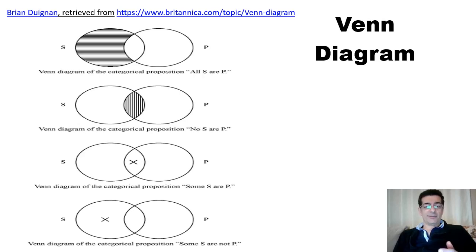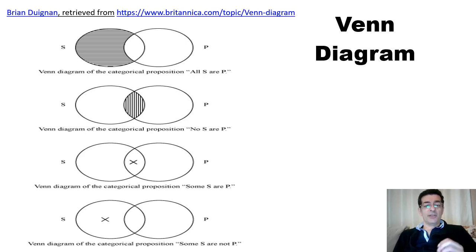So we shade it. Now, the first claim, all S are P, applies to the unshaded part of S which intersects with P. So shading, again, means let's get rid of that part. So if I say all animals are living creatures, which part of the two circles am I referring to? The shaded part?